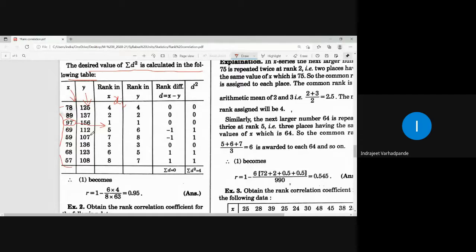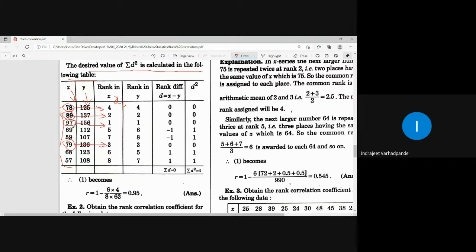Immediately lower than 97 is 89, so rank 2 will be assigned to 89. After 89, it is 79, so 79 will be assigned rank 3. After 79, it is 78, so rank 4 will be assigned.